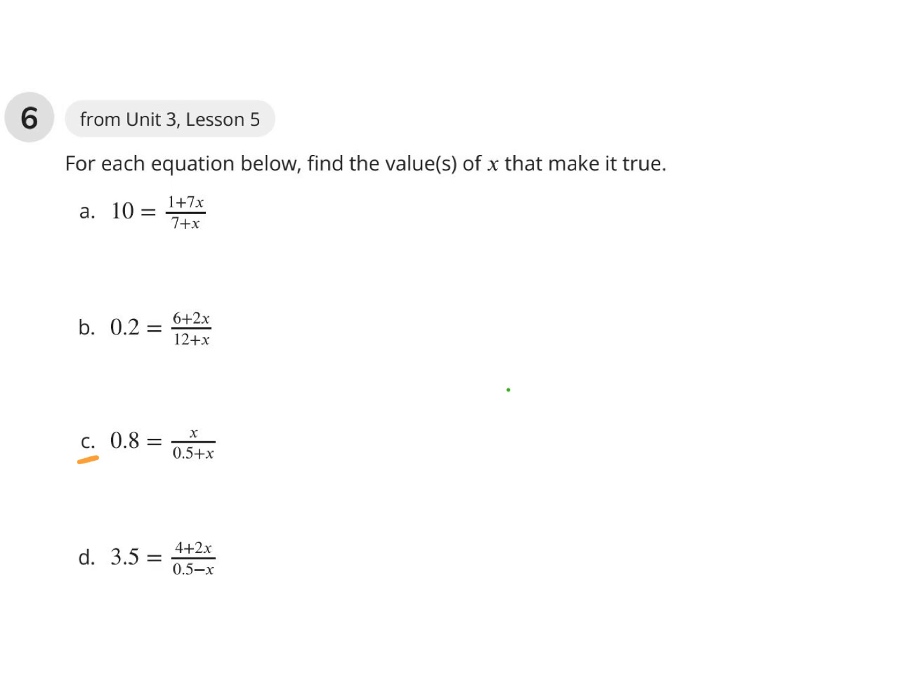C is going to be orange, so same step, cross multiply. I get 0.8 times (0.5 plus x) is equal to x. 0.8 times 0.5, is that 0.4 or 0.04? 8 times 5 is 40.